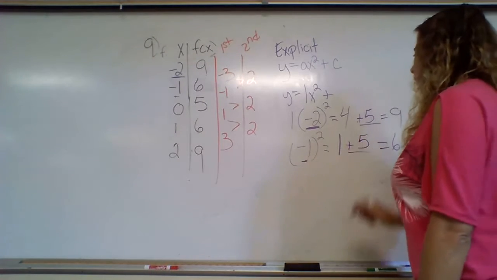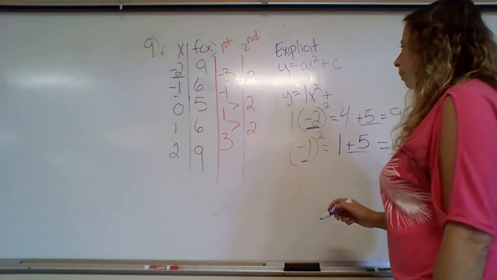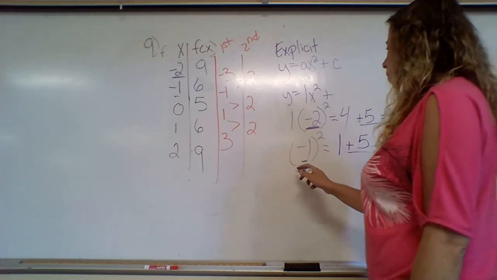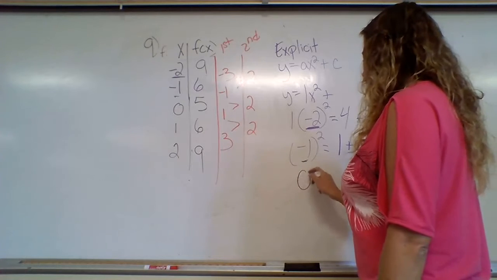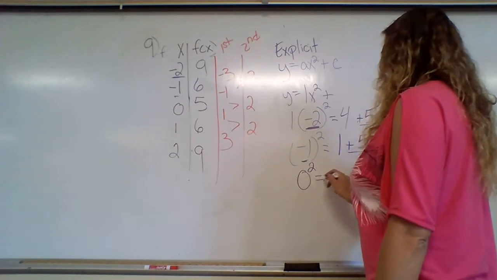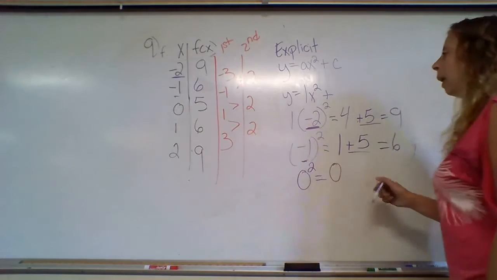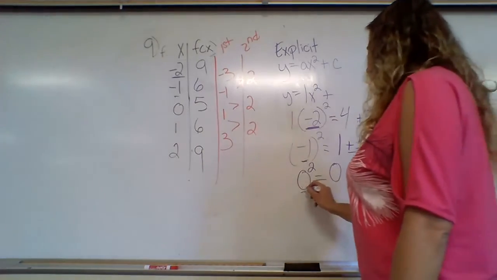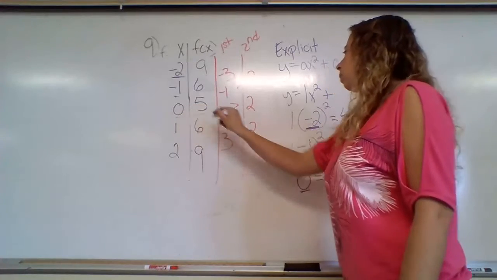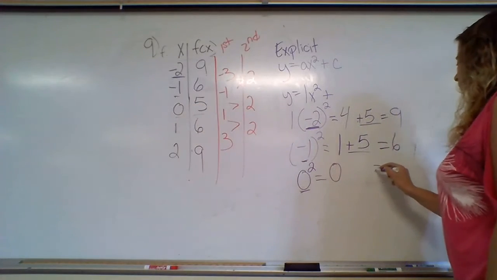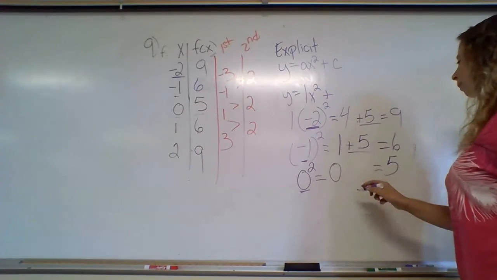We can do one more. We'll do 0. 0 squared is just 0. But once again, when x is 0, y is supposed to be 5. So how do I get from 0 to 5? I add 5.